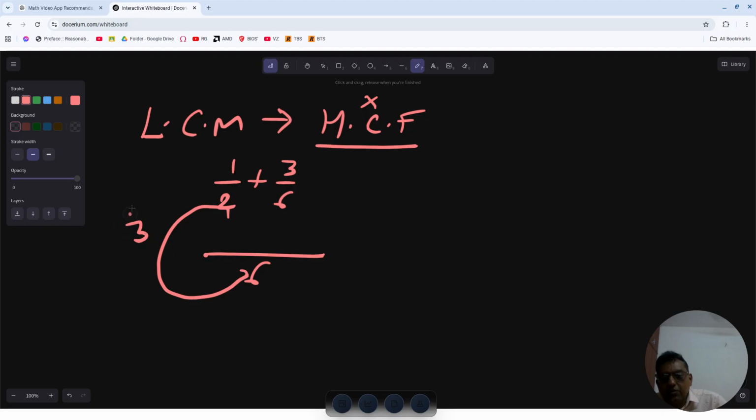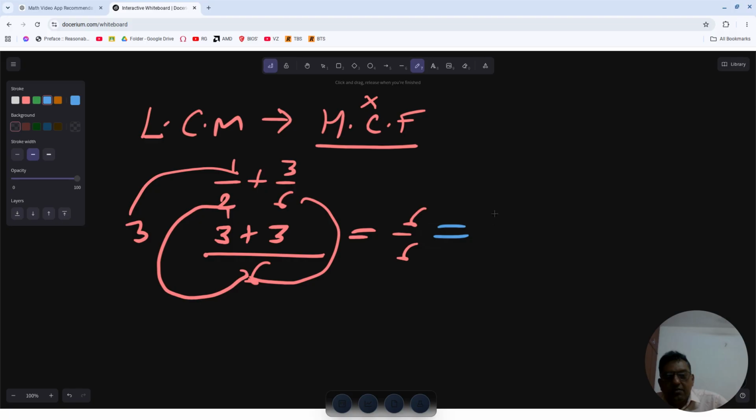It goes to the top and gets multiplied, and you get 3 plus. Now 6 divided by 6 becomes 1. It goes to the top and becomes 3. That means it becomes 6 by 6. So you are getting 1 as the answer.